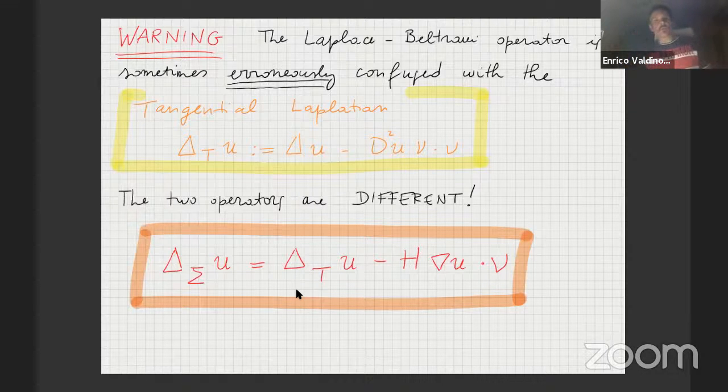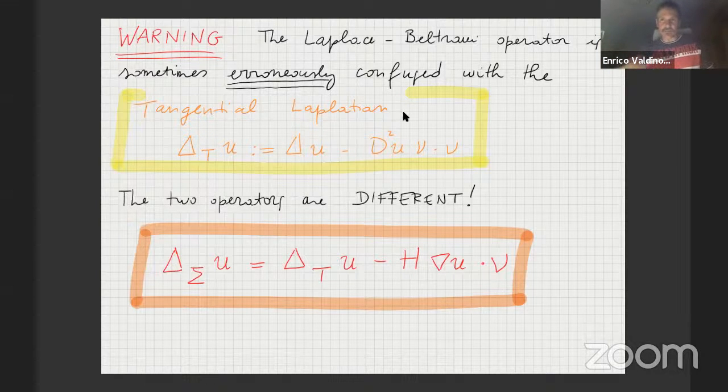So I wanted to put a warning, because at least for me, the Laplace-Beltrami operator is very dangerous because it's hard to see it sometimes. And it's easy, for me at least, to make a silly confusion between the Laplace-Beltrami operator and the tangential Laplacian. The tangential Laplacian would be just taking two derivatives in the tangential direction. So you take the full Laplacian and you remove two derivatives in the normal direction.